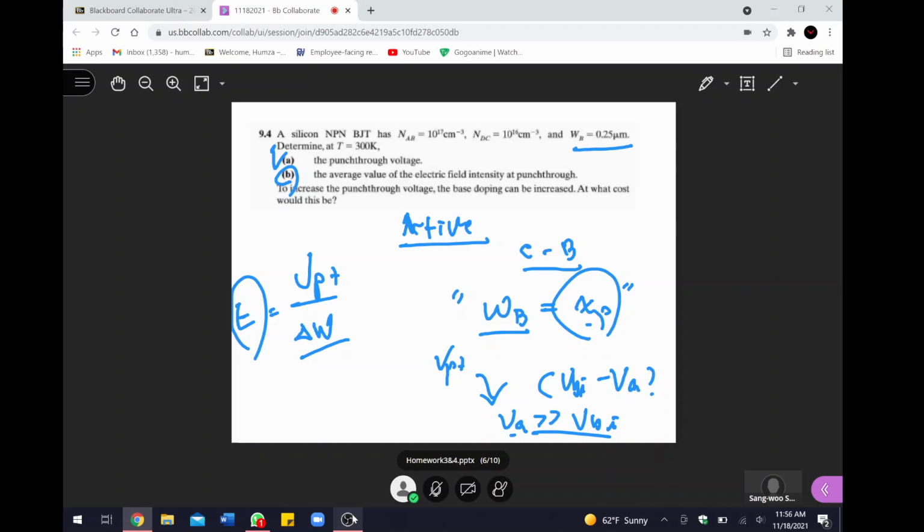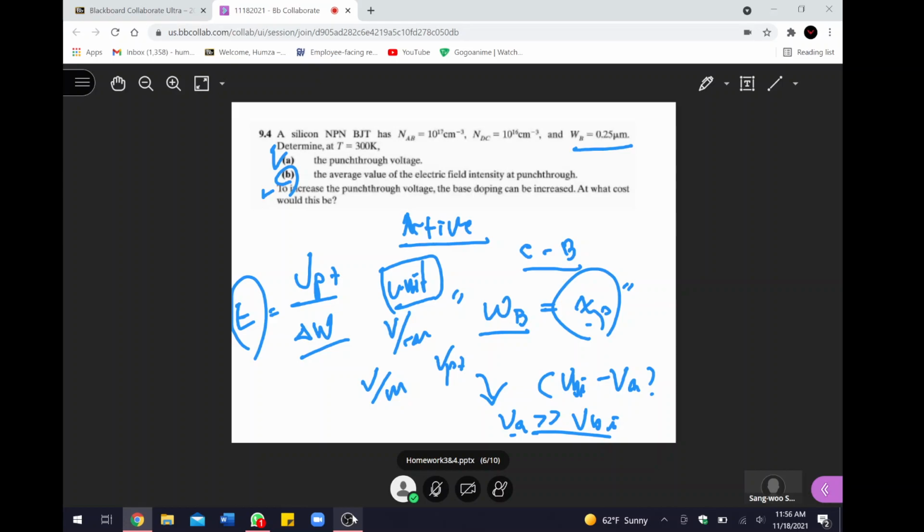When you answer all the questions, you always need to put the unit, whether it is volts per centimeter or volts per meter, since the value will be different. That will answer the big question. And the last one is, to increase the punch through voltage, obviously the base doping can be increased, right?